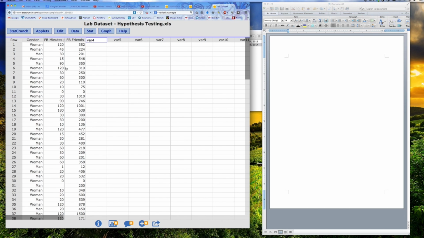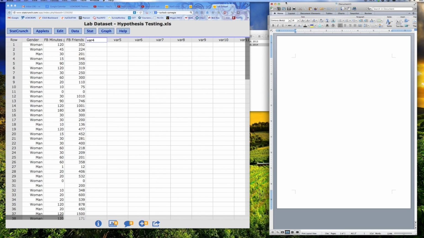So in order to do hypothesis testing, you first need a hypothesis. Basically a guess at which one of these, men or women, is going to be higher than the other in terms of Facebook minutes and Facebook friends. So in a Word document here, let's go ahead and put our hypothesis just so that we have this for later. So for example, we could estimate that maybe women are spending more time on Facebook, but maybe men have more Facebook friends.